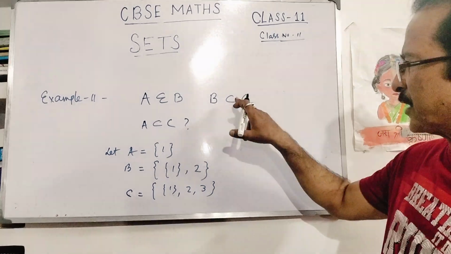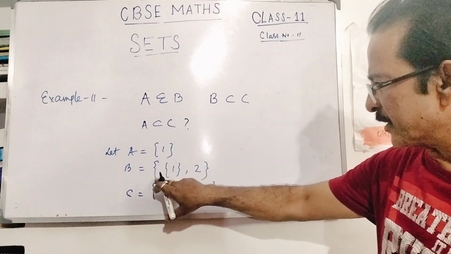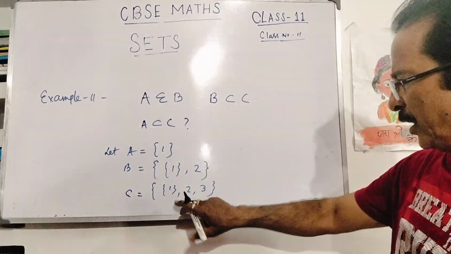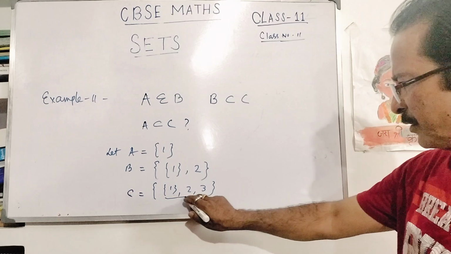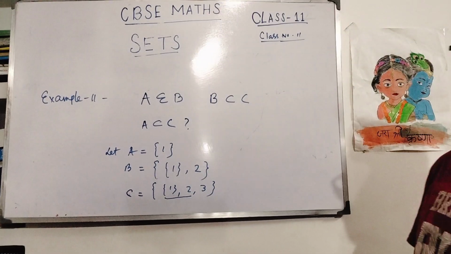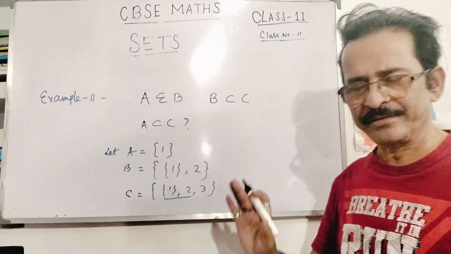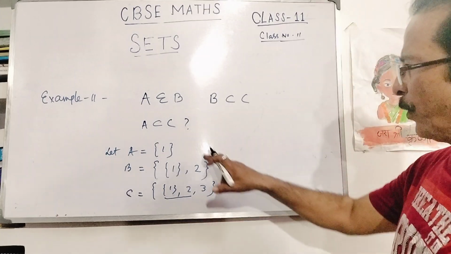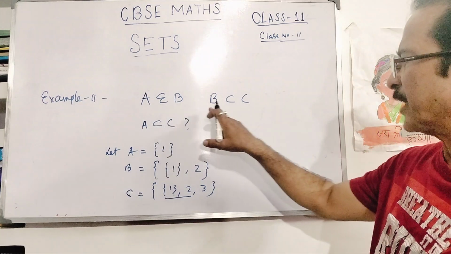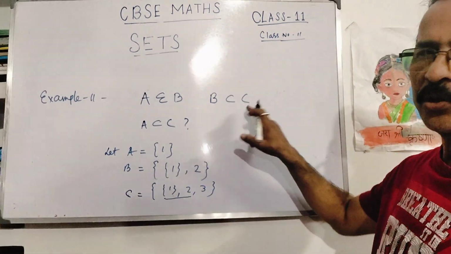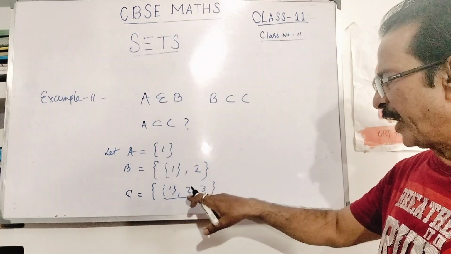B is a subset of C. In this set, B exists as one of the elements. As B is a subset of C, that is why B exists.